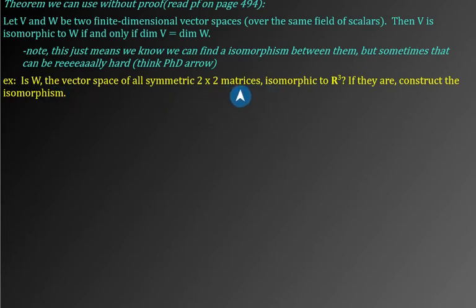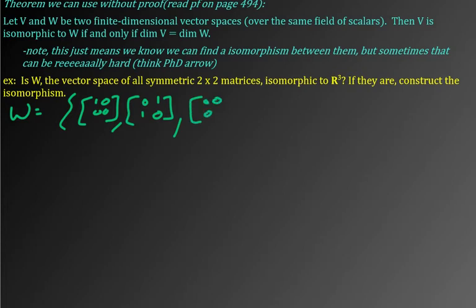Just to show you what I mean by this, if you have W be the vector space of symmetric 2x2 matrices, and we have R3, then those two spaces are going to be isomorphic, because I can take a basis for W to be the set of matrices [1, 0; 0, 0], [0, 1; 1, 0], because it's symmetric, right?